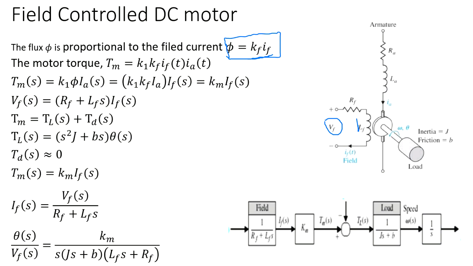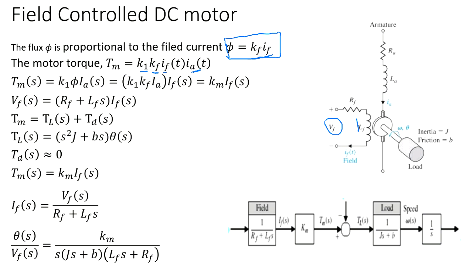Now this motor also has a torque, and the torque of the motor is the product of K1, the constant Kf, the field current, and the armature current.